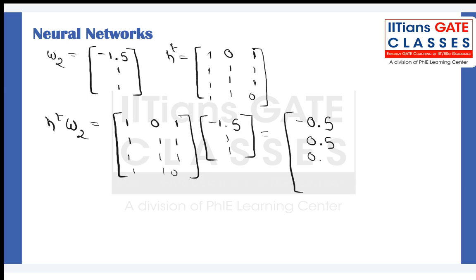And now if I put it inside the activation function, I get 0, 1, 1, 0. So this is just a way of how you would represent it in the form of a matrix.